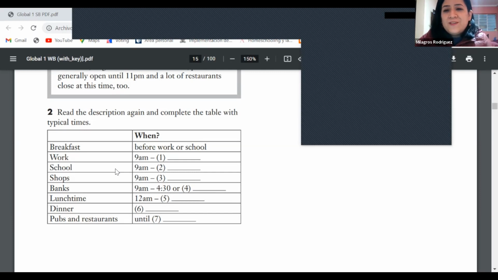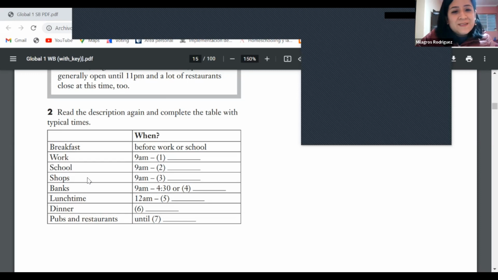What time do the schools in Peru open? In some schools, 7 o'clock, and other schools, 8 o'clock, maybe. Yes, exactly. More or less, from like 7:30, 8 o'clock, but normally before 8 o'clock.